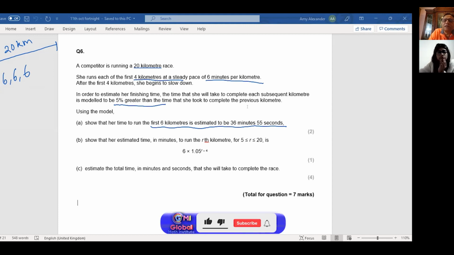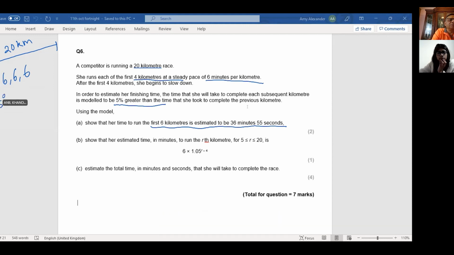And then it says subsequent kilometers are modeled as 5% greater. So 5% greater means what? That times by 1.05 the original time. What we are saying now is, first 4 kilometers they take 6 minutes each, and then 5% more than the previous time, which is 6 minutes, correct?